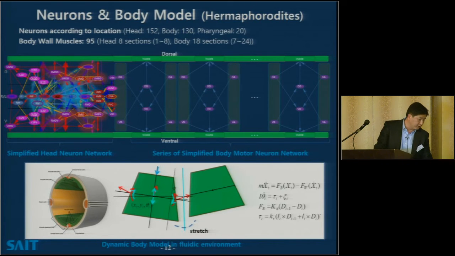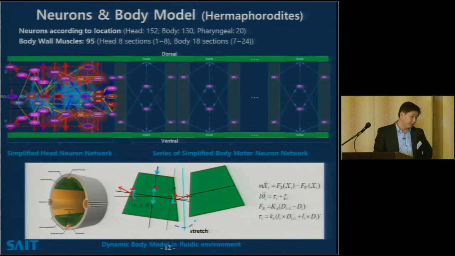Here at the left side is the head, and the middle of the body segments. There is some pre-knowledge about the function of each neuron and location, but still there are many unknowns, like connection, directionality, and inhibitory or excitatory. And all this data is unknown, so many predictions and assumptions are necessary to actually make this neural network work.